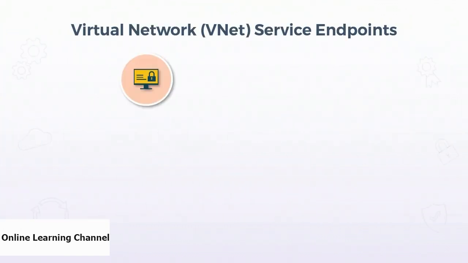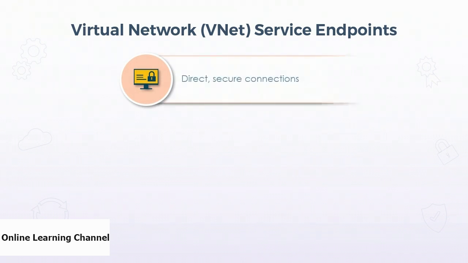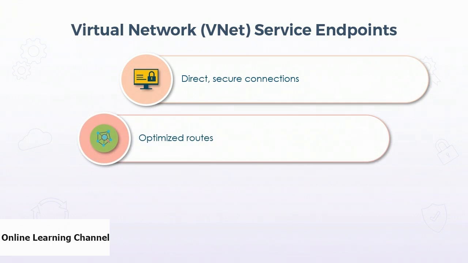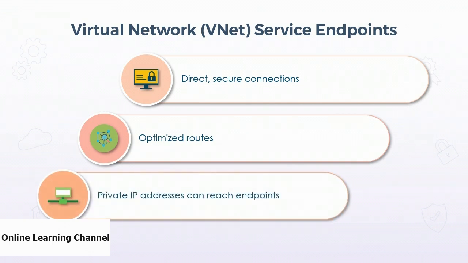VNet service endpoints. A VNet, or virtual network, service endpoint provides you with direct, secure connections over the Azure backbone. It provides you with optimized routes over that Azure backbone, and it incorporates private IP addresses that can reach these endpoints.